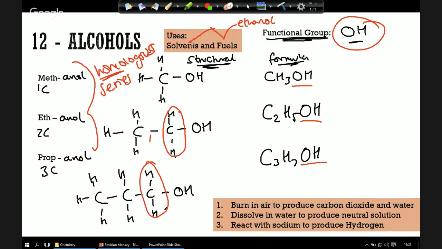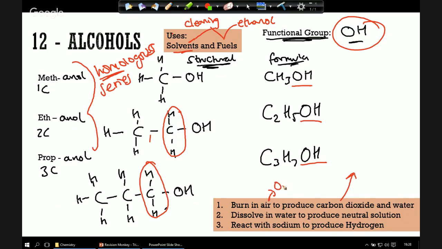So solvents are just things that dissolve solutes or dissolve solid things, so they can make good cleaning products as well. So if they ask you 2 uses of alcohols, you need to get the words solvents and fuels down.